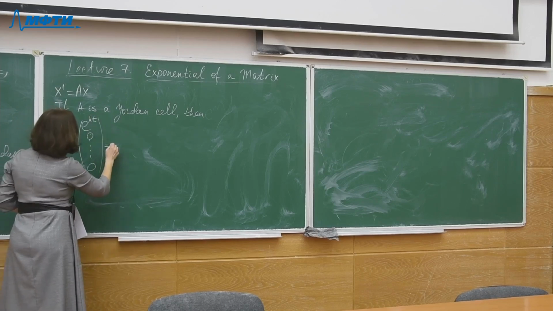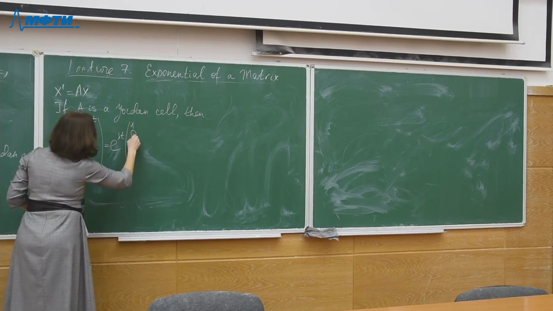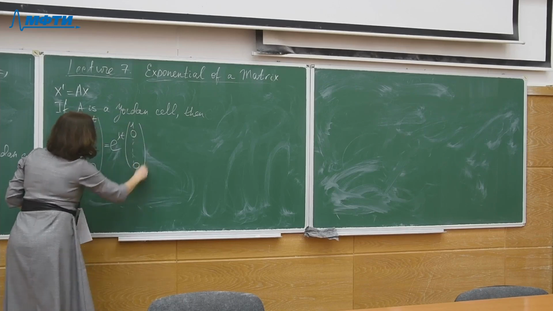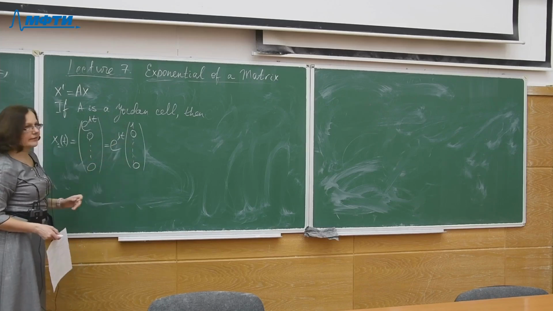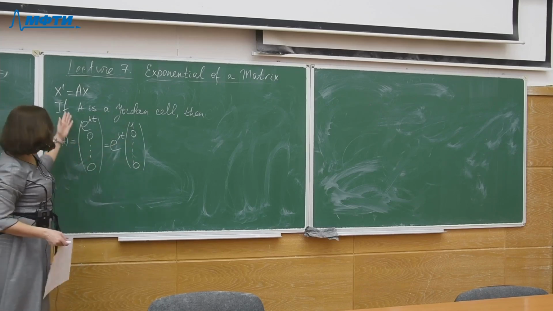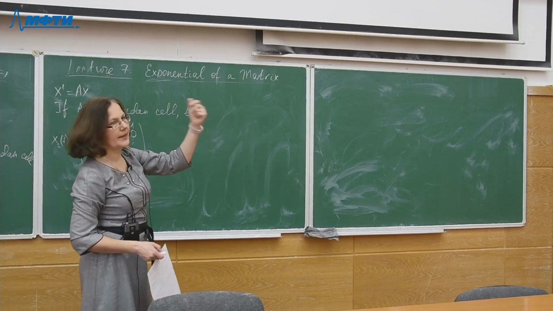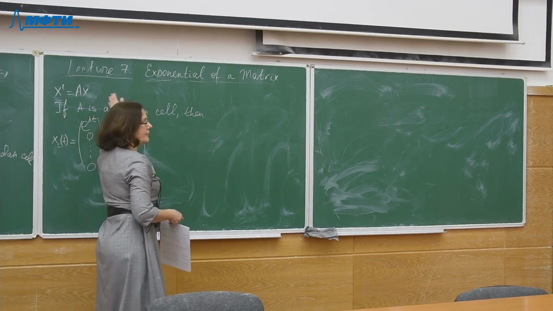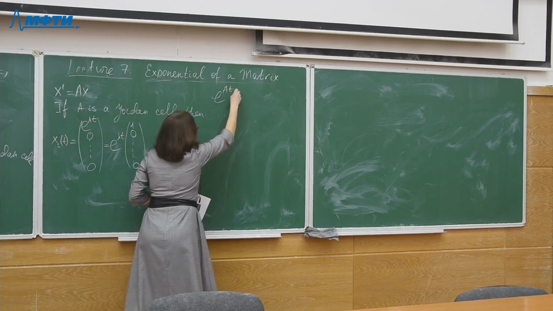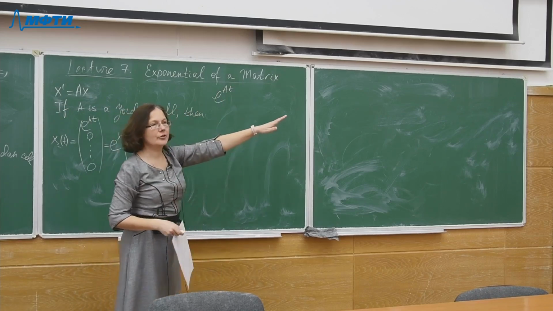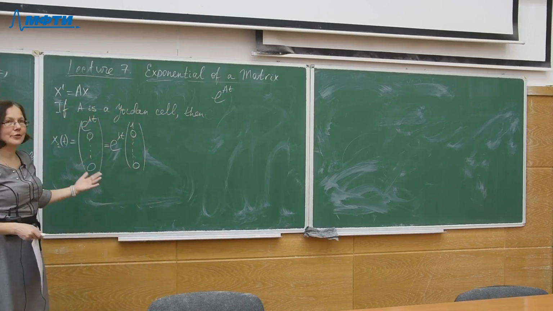It can be represented as e to the lambda t multiplied by the first vector of the standard basis. Can you see this? So this solution is taken from the fundamental matrix. We know that the fundamental solution of this equation is given by e to the power At, which is calculated there. So the first column is the first solution, right?